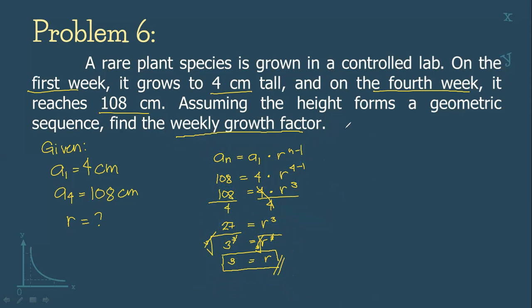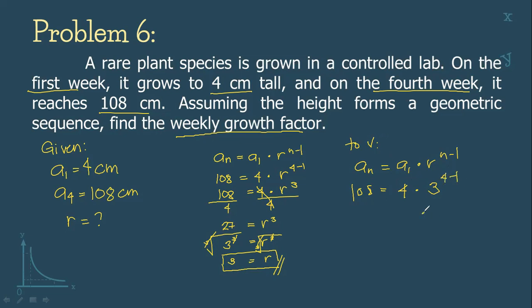Okay, so to check, let us check if indeed our common ratio is 3. So we have A sub n is equal to A sub 1 multiplied by the common ratio R raised to n minus 1. So our nth term is 108. Kailangan po mag-lead siya sa 108. So we have the first term of 4. So multiply tayo by 3 raised to n po, 4 minus 1.